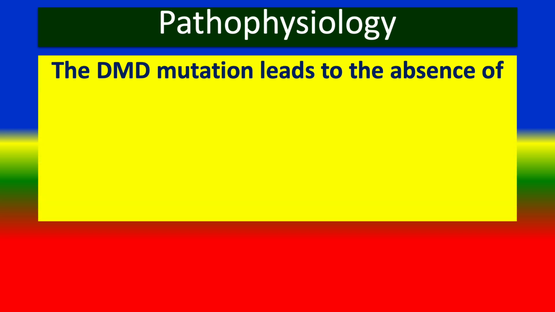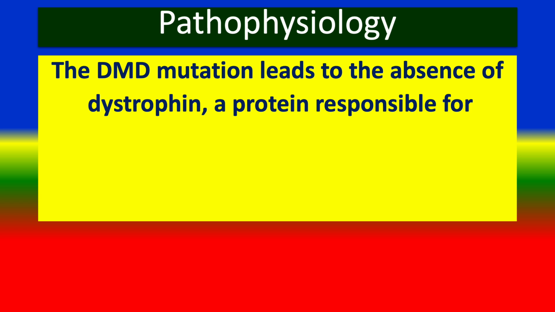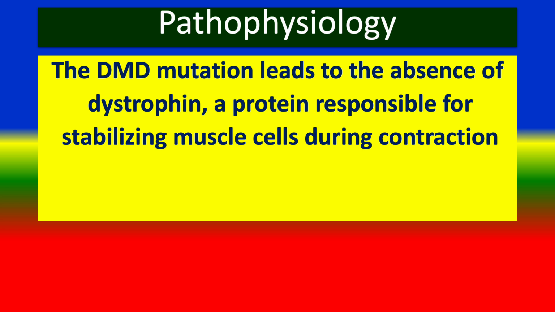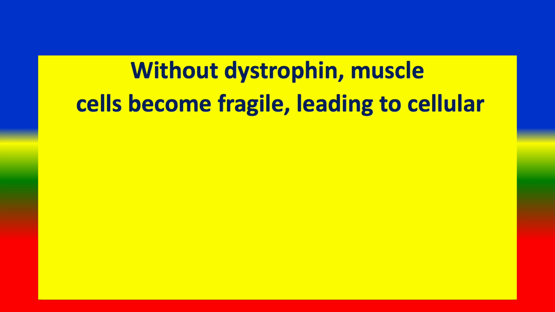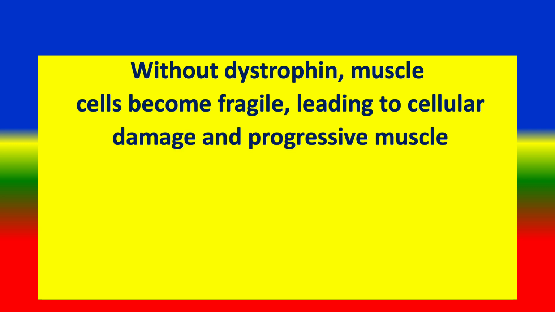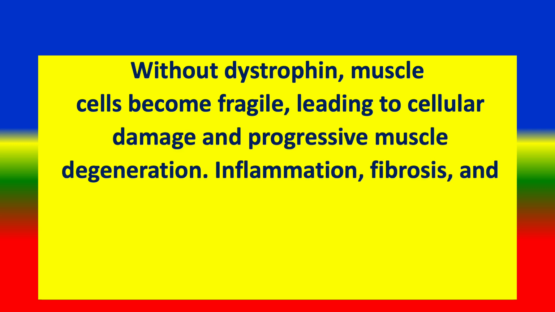Pathophysiology. The DMD mutation leads to the absence of dystrophin, a protein responsible for stabilizing muscle cells during contraction and relaxation. Without dystrophin, muscle cells become fragile, leading to cell damage and progressive muscle degeneration.